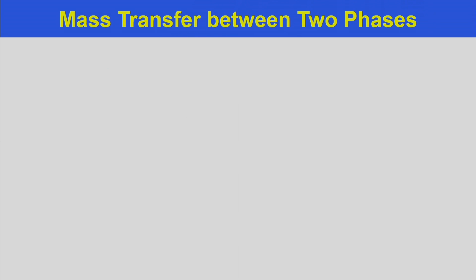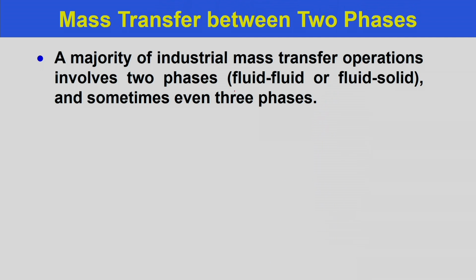Now, mass transfer between phases. The majority of the industrial mass transfer operations involve two phases, either fluid-fluid systems or fluid-solid systems. In this case, we can consider gas-solid systems, or it may be liquid-solid systems.